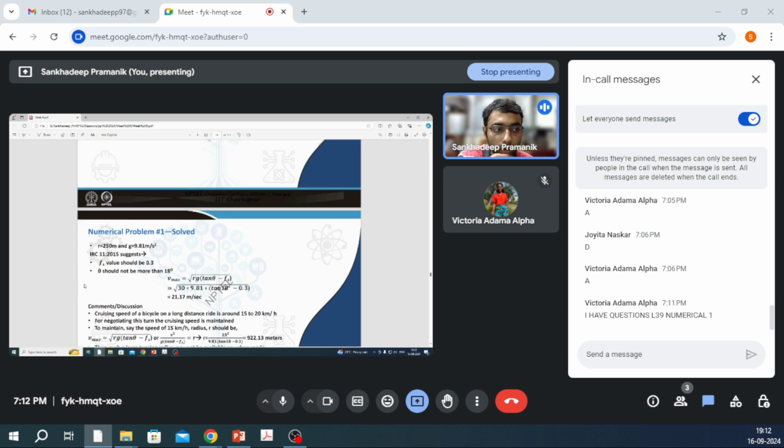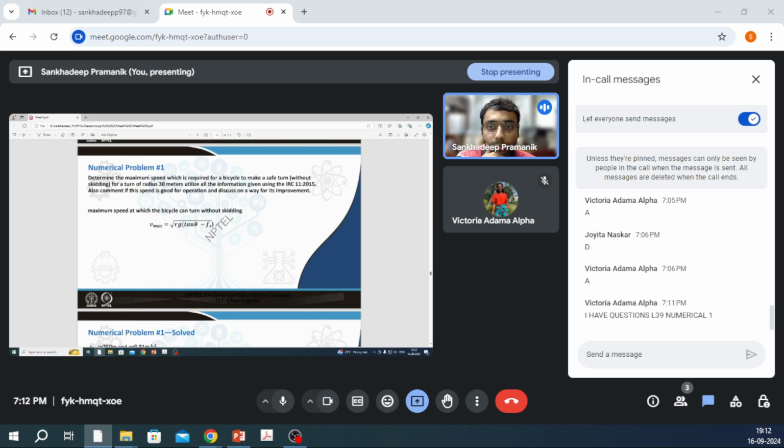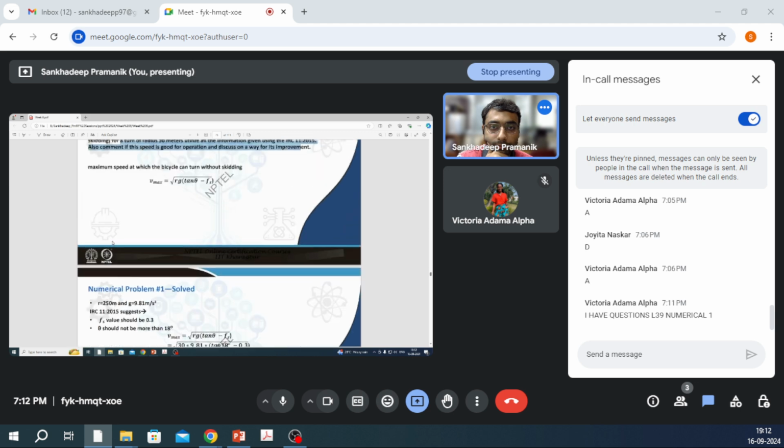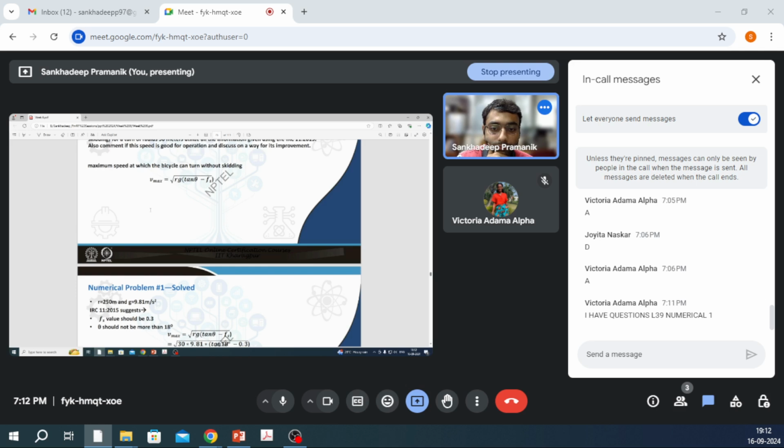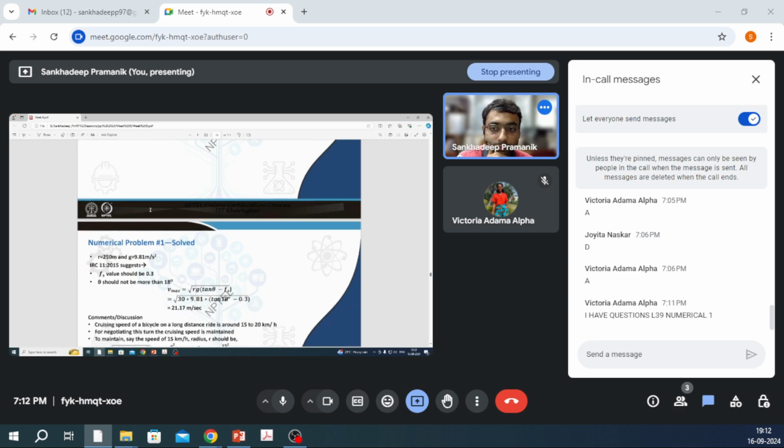Okay, let's see what it is saying. Determine the maximum speed which is required for a bicycle to make a safe turn. The radius is 30 meter. Here it will be 30 meter.